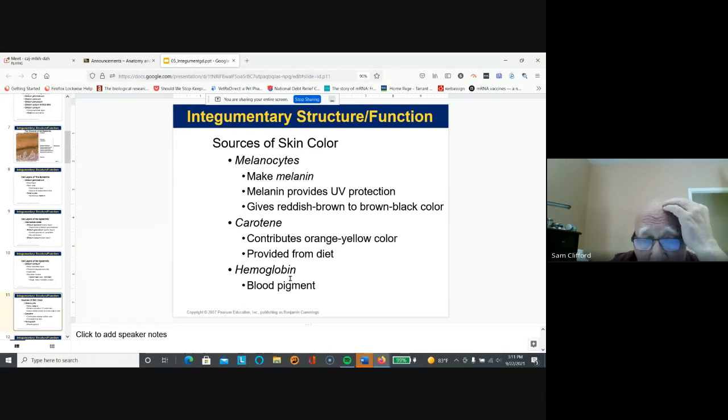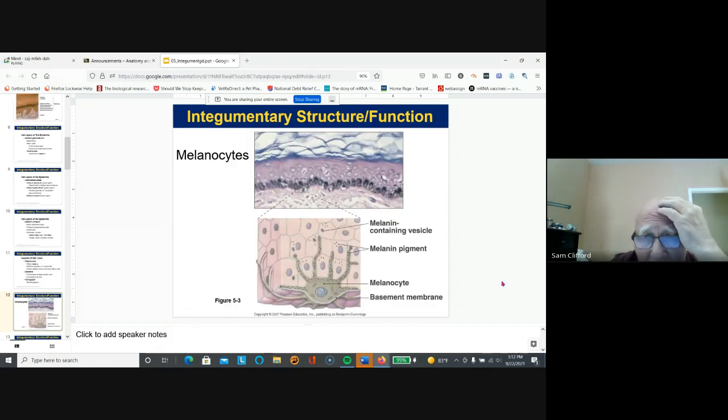And there's hemoglobin present in blood, so that influences the amount of pigments in the cutaneous membrane of the skin. These melanocytes produce melanin pigment, and it's released from the cell, and it's there to contribute to the color of your skin and also to protect from UV radiation.